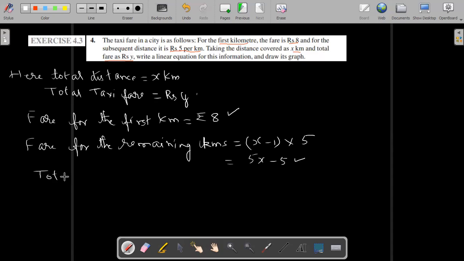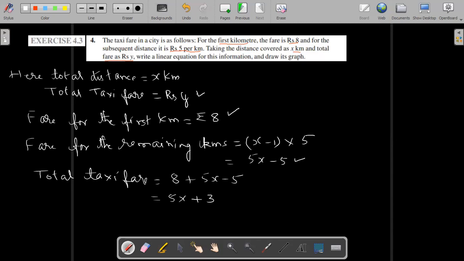So the total taxi fare will be equal to 8 plus 5x minus 5, that is equal to 5x plus 8 minus 5, which is 3. 5x plus 3. This is the total taxi fare.